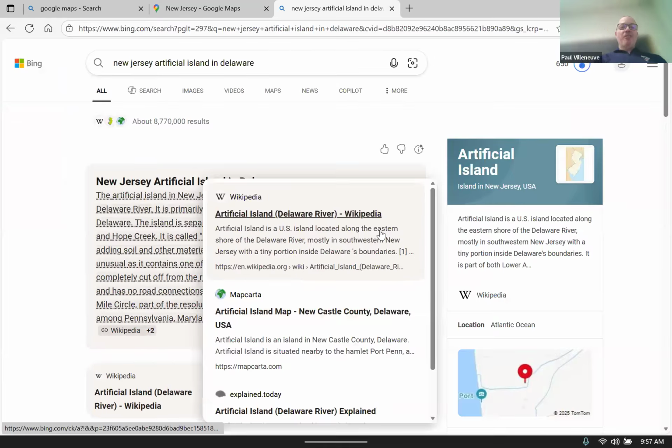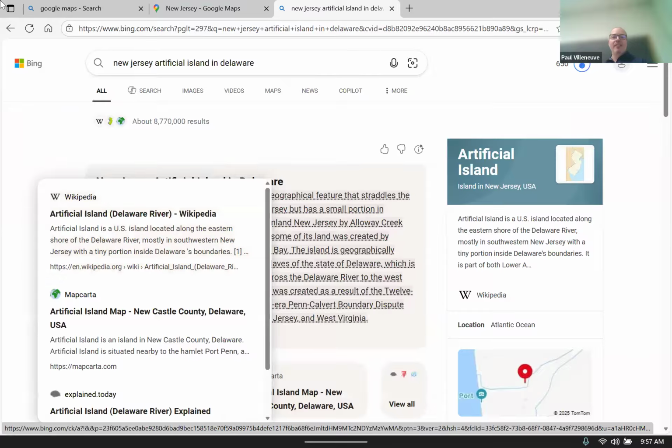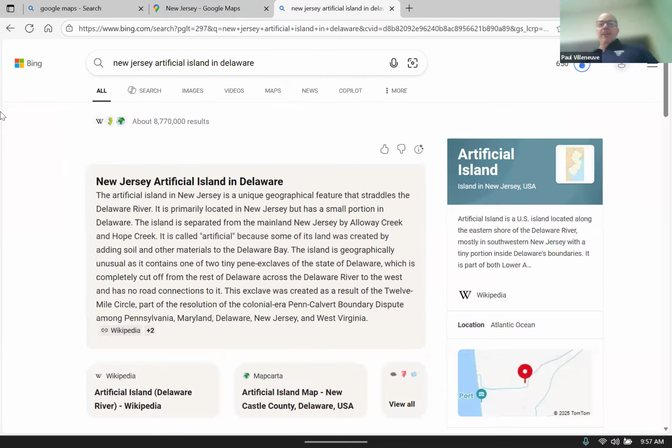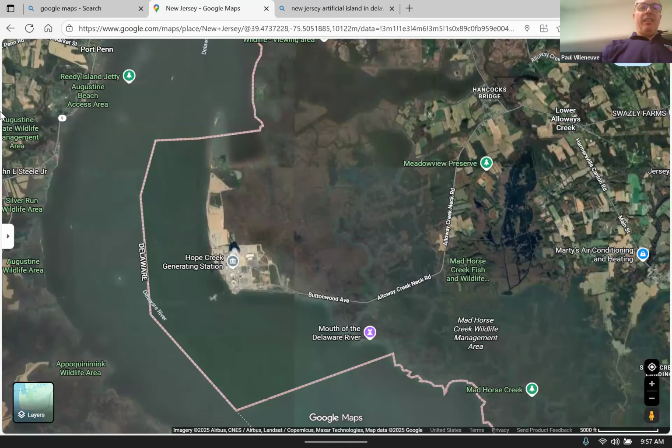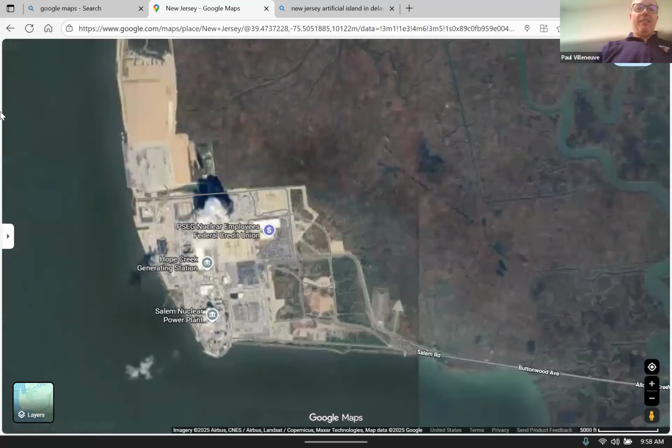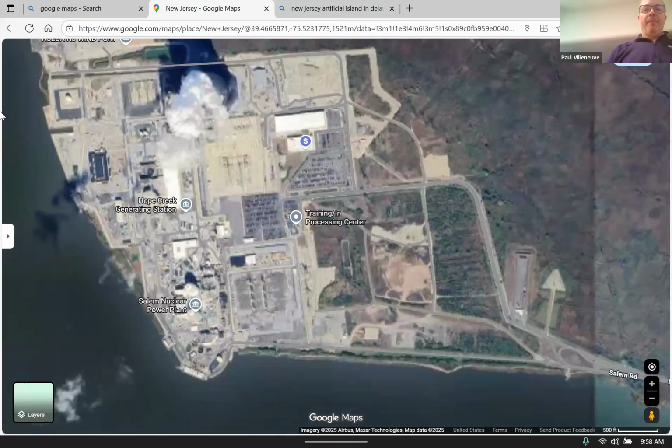Hey, but it has a small portion in Delaware, so you can see that even here, it's mostly in New Jersey, but that tip, like I showed you, that actually is in Delaware.